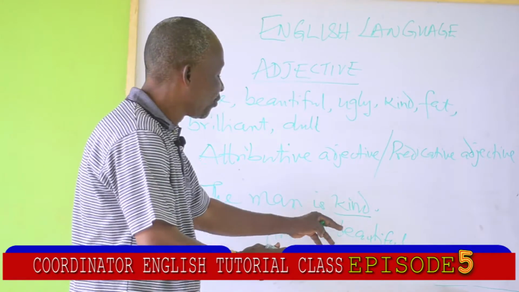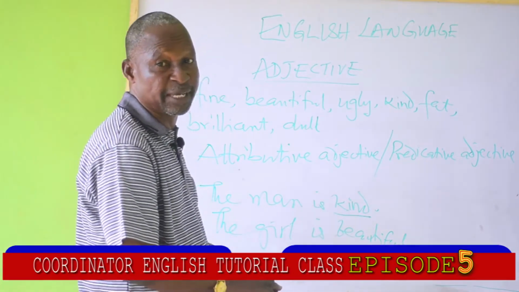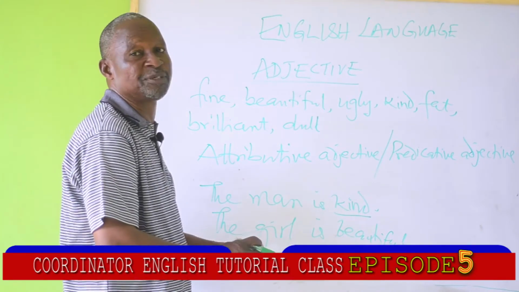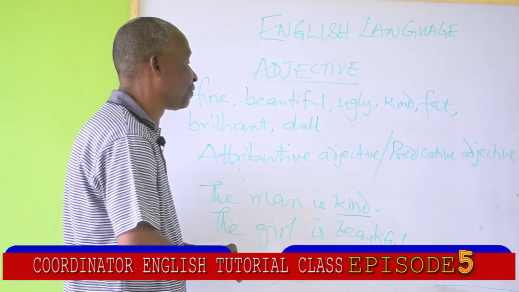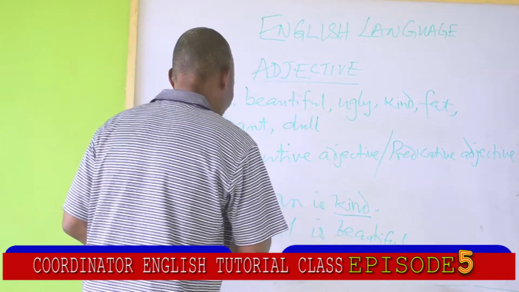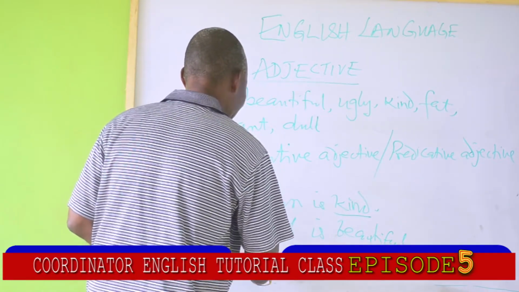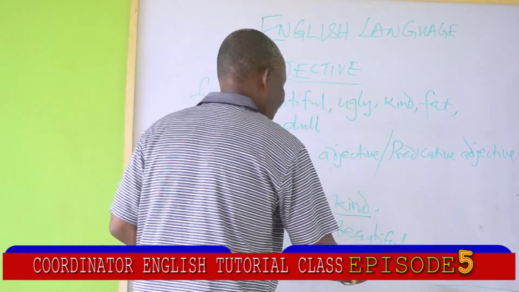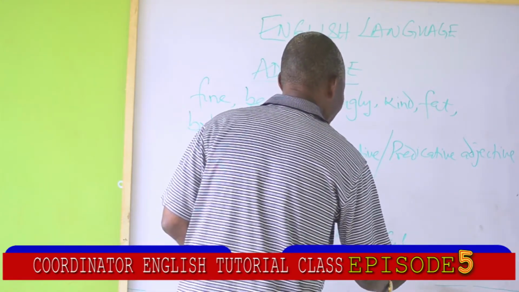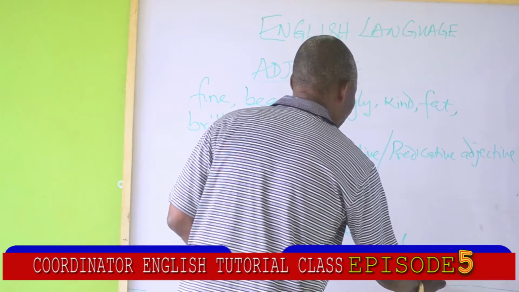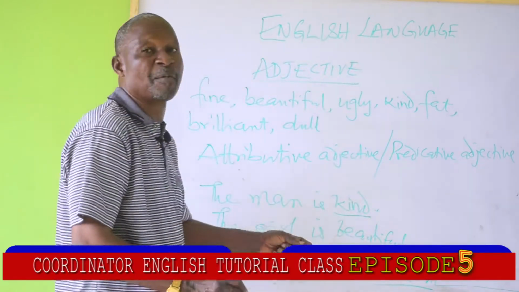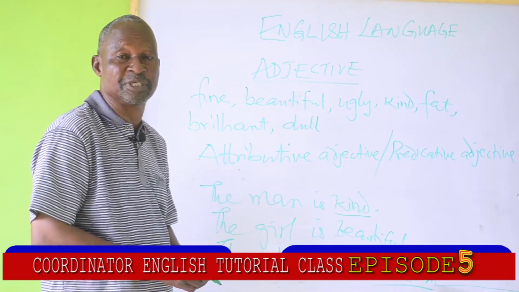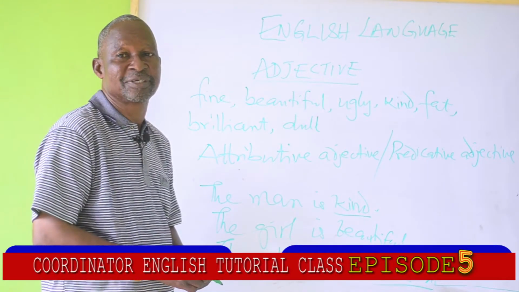And so, we regard beautiful as a predicative adjective. The student is brilliant. The word brilliant here comes after the noun student, which it qualifies.